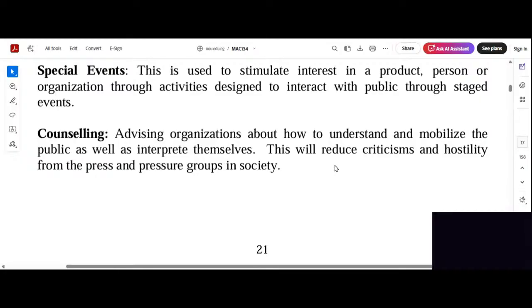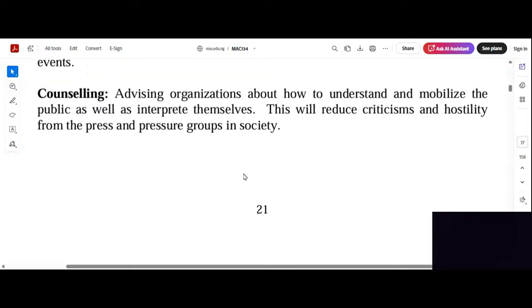This will reduce criticisms and hostility from the press and pressure groups in the society. That is counseling. They give professional advice to the organization they work with to help them have a better way of presenting themselves, to mobilize public interest and create a good image for themselves.